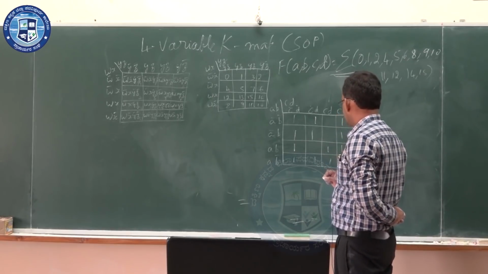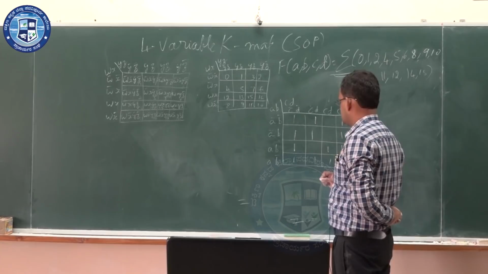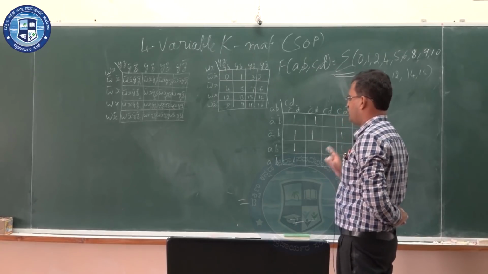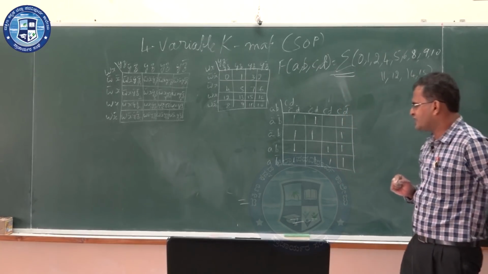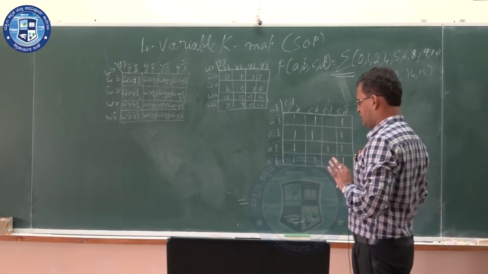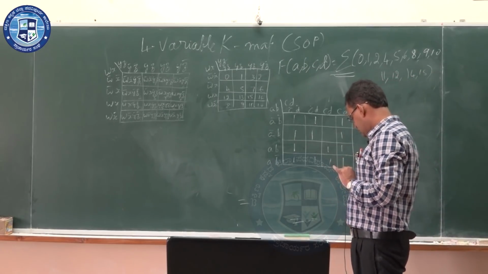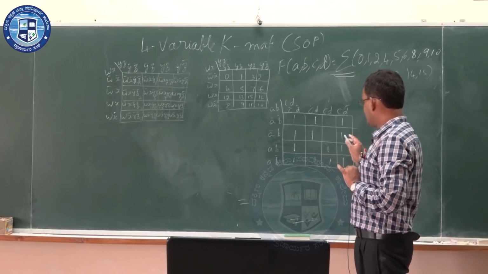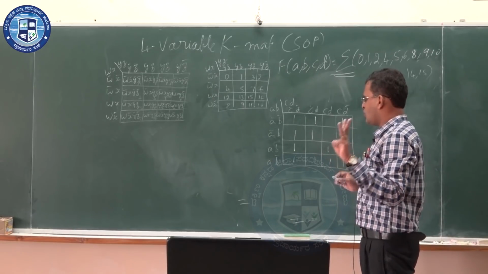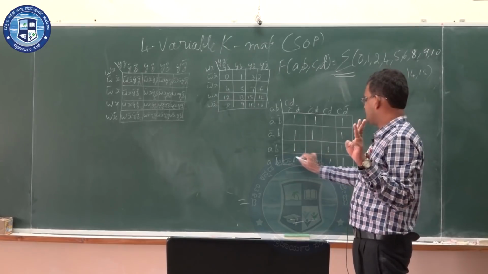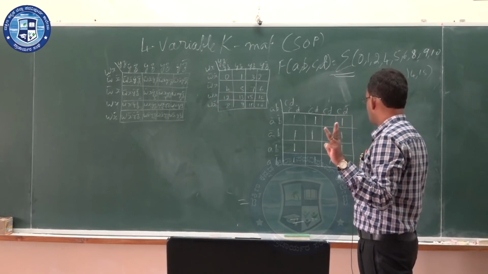Now, I have several possibilities here. The first possibility is nothing but, when you see here, I can map for 3 quads: first quad, second quad, third quad.